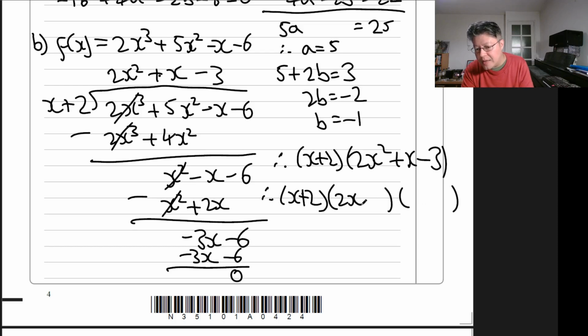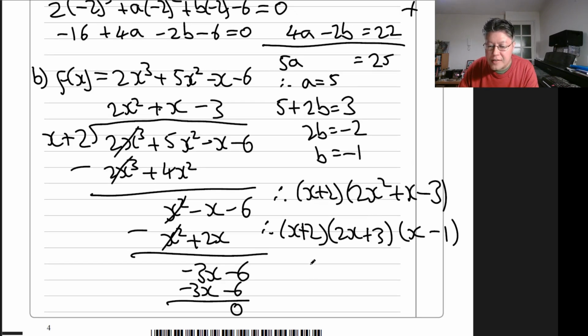We can do a 2x and an x to get the 2x squared. And because it's a minus 3, it must be a 1 and a 3 or a 3 and a 1. And we're going to do a plus 3 here to give us 3x, and a minus 1 to give us minus 2x. That gives us the x, and this gives us the minus 3. So here's the final answer. The factorization is x plus 2, 2x plus 3, and x minus 1.